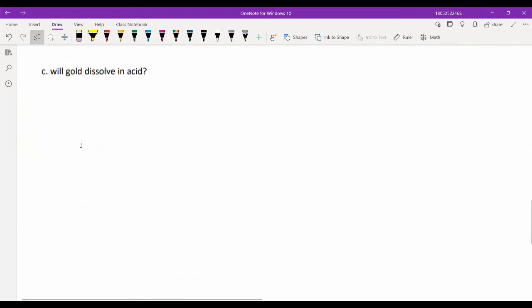Next thing would be, does something react with something? Will gold dissolve in acid? Will acid dissolve this metal? Will X oxidize Y? Will Y reduce Z? This question can be asked in a myriad of ways, and it's just the same question of will this thing react with this thing?